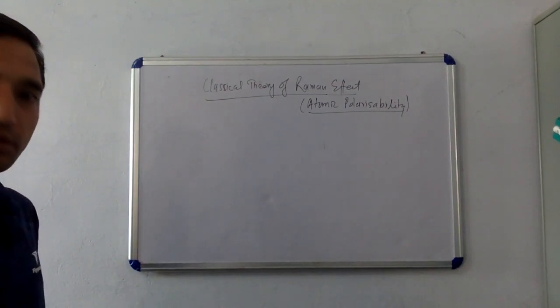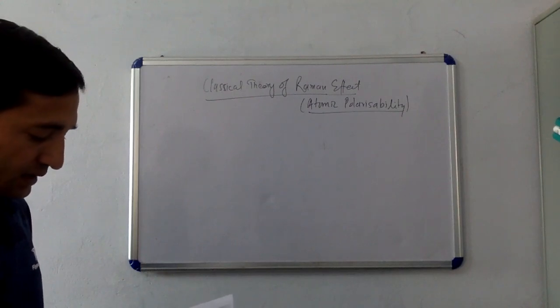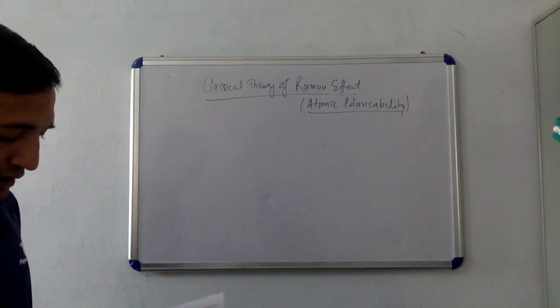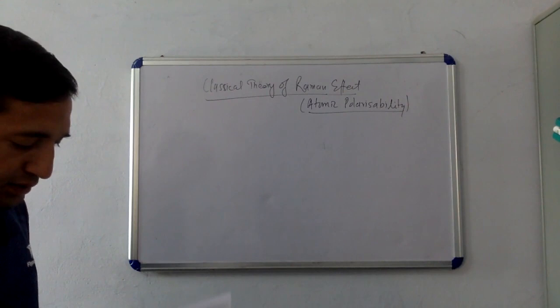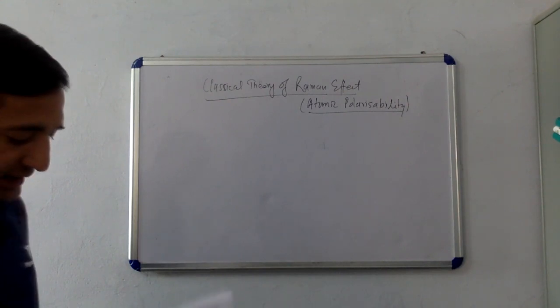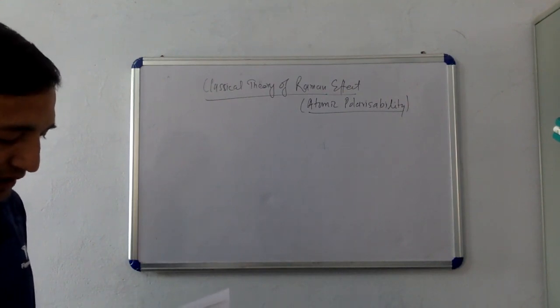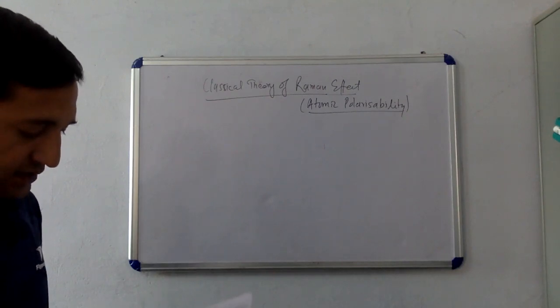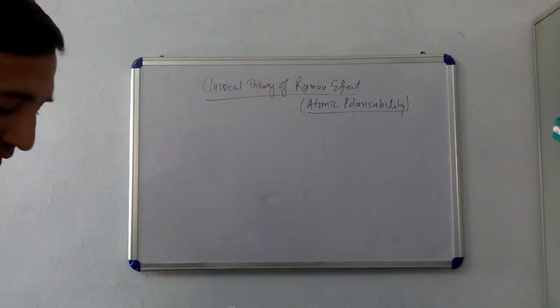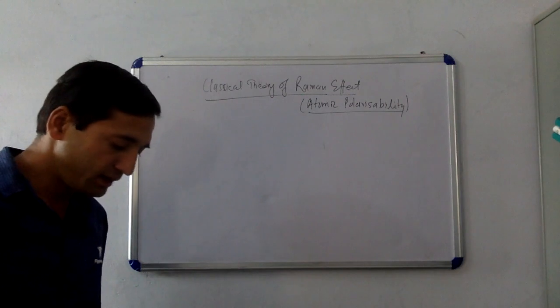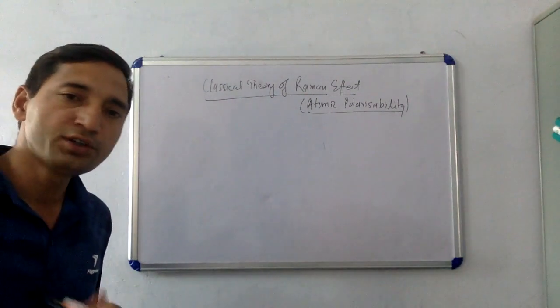When a beam of visible or ultraviolet light falls on a molecule, the rapidly oscillating electric field of the beam induces an oscillating electric dipole moment in the molecule, irrespective of whether the molecule has a permanent dipole moment or not.